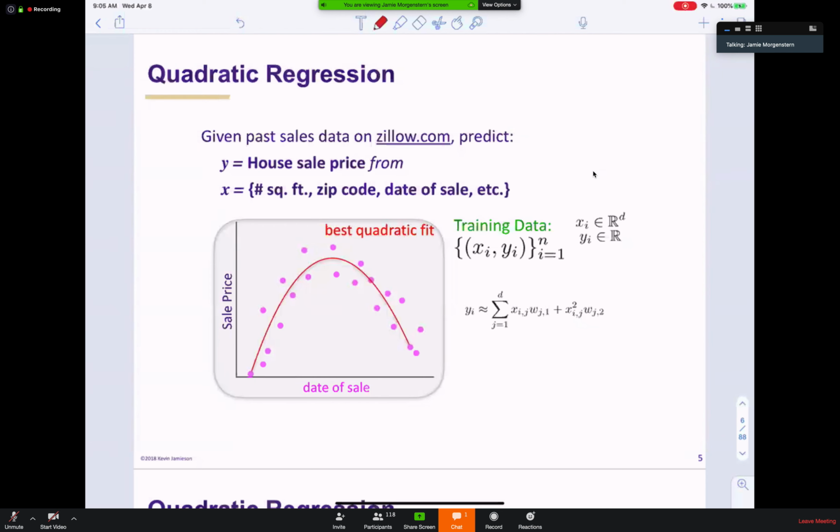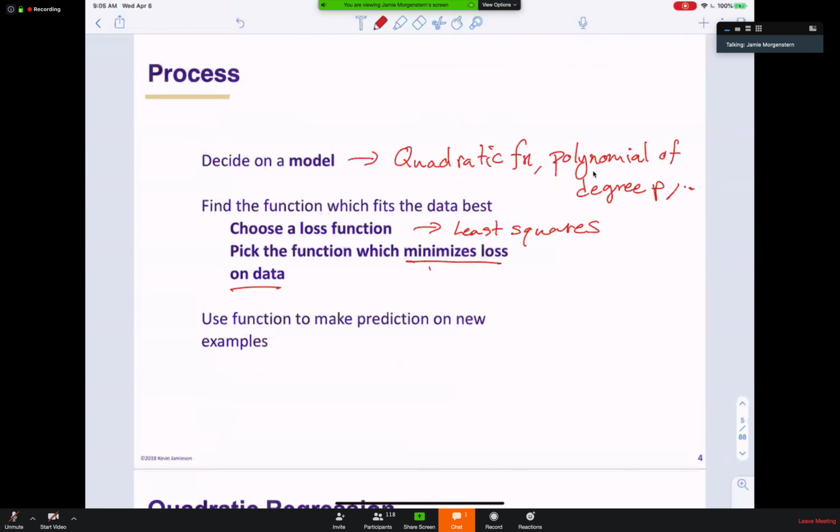Okay. So what I was saying when I was looking at this slide was that last time we talked about deciding on a model, choosing the loss function, and figuring out how to find a function that fits our model, which minimizes the loss on our data. A good bit of the time we spent in the last class was showing that we can find the least squares estimator if we're thinking about a linear model for our data.